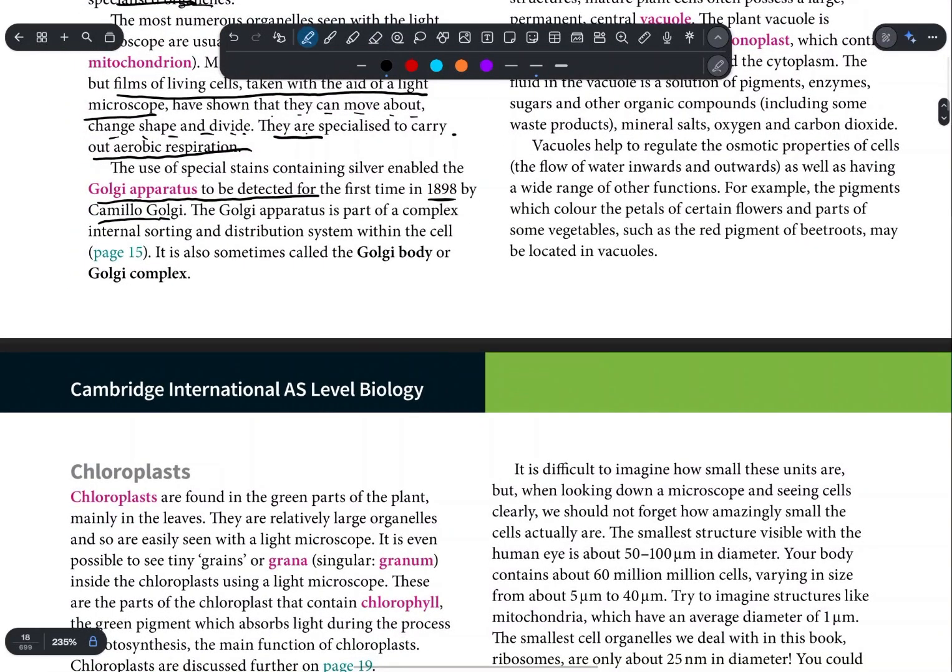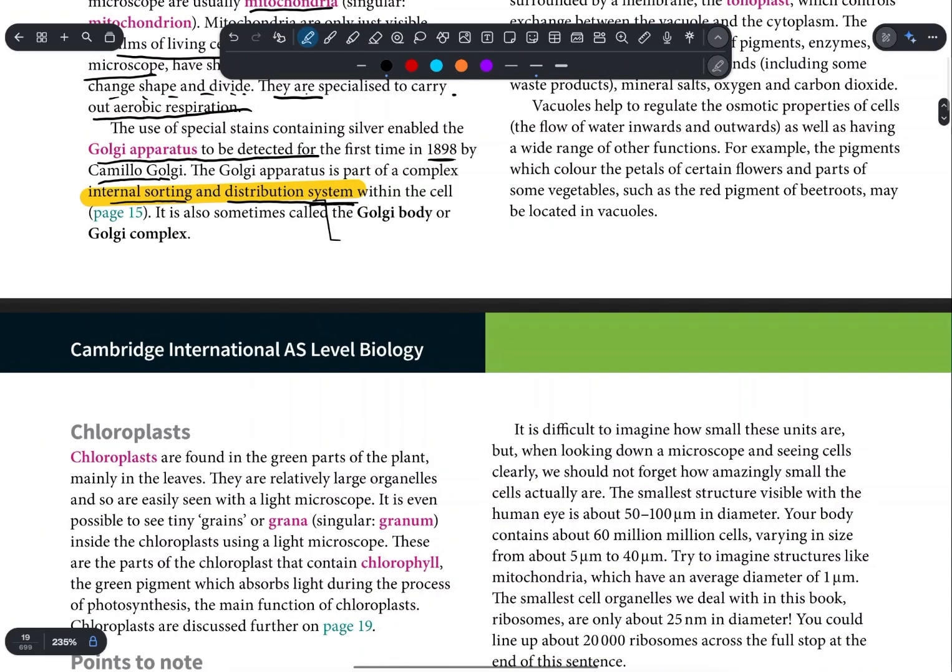The Golgi apparatus is a part of a complex internal sorting and distribution system. So what does it mean? The Golgi body can sort different materials, different substances inside the cell, and distribute them to different locations, different organelles within the cell. It is also sometimes called Golgi body or Golgi complex.